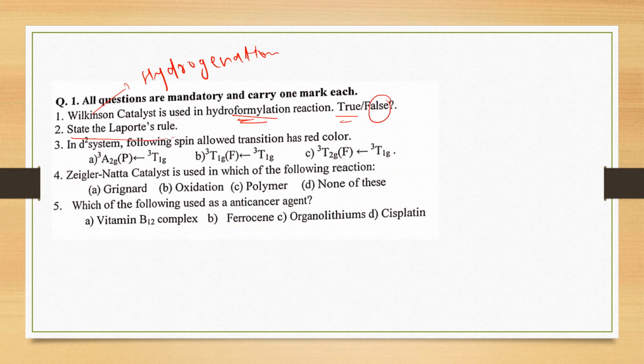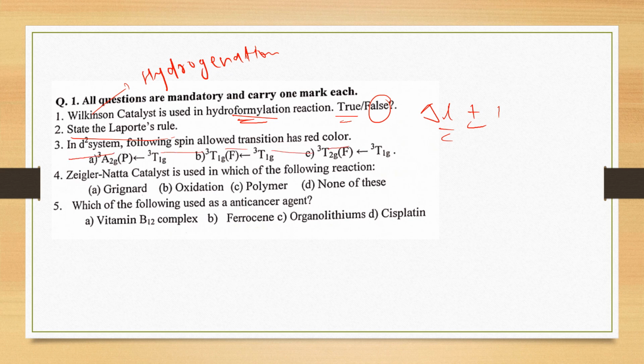State Laporte rule: delta L value must be plus minus 1 when transition occurs. If it is plus or minus 1, then transitions are Laporte allowed, and if not, then transitions are Laporte forbidden. In D2 system, which spin allowed transition has red color?